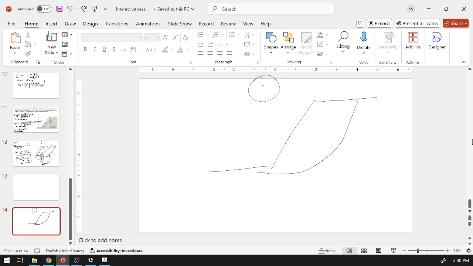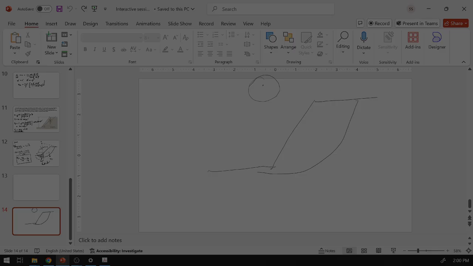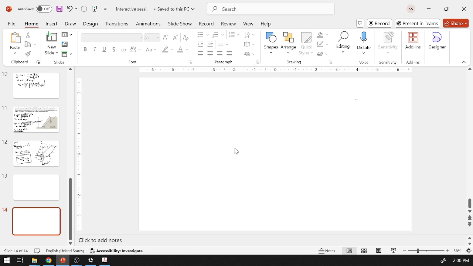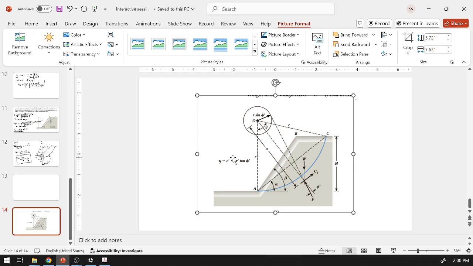Let me actually import the image so that I can show you in a better way. So you have this slope. We assume the failure is taking place along AC. So we calculate the weight of the soil wedge ABC, the whole wedge, which is the disturbing force.